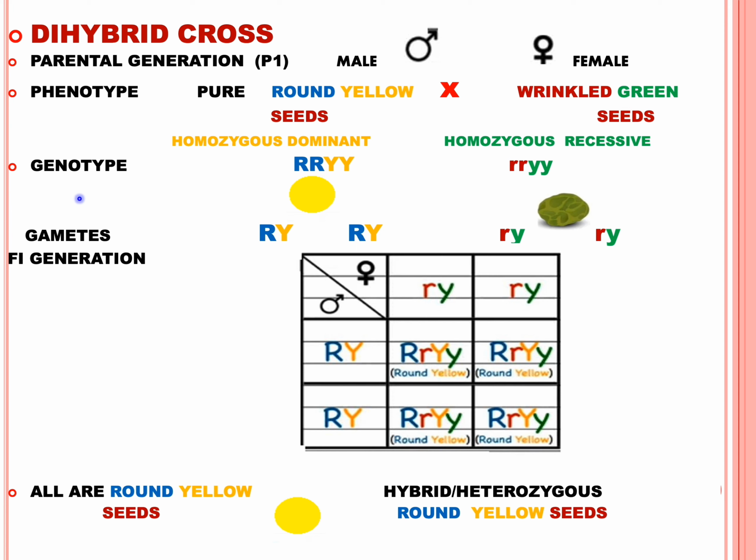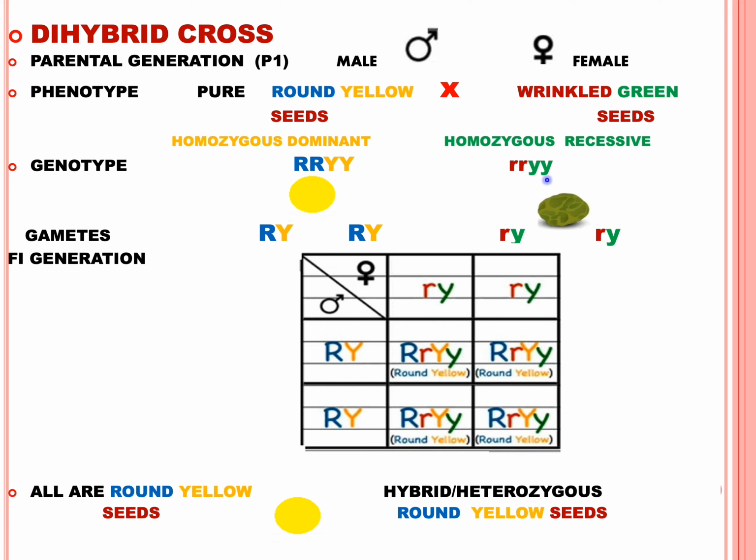So the genotype of these parents having this type of phenotype: the genotype of these traits of the male pea plant is denoted by capital R, capital R, capital Y, capital Y. Whereas the homozygous recessive traits of wrinkled, green seeds are denoted by small r, small r, small y, small y.